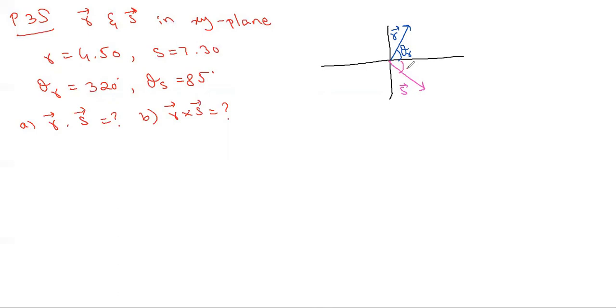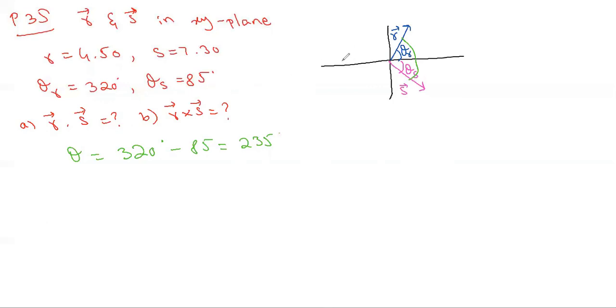This is theta s. So we have to find the angle between these two vectors. So both of these vectors are in the opposite direction and we have to find this angle. So either we have to move from negative y-axis to the positive y-axis or in which direction we want to move. So basically we have to find first of all theta. So theta will be 320 degree minus 85 degree and that is 235 degree. So this is just the difference of the angles as both of the angles are pointing in different directions.